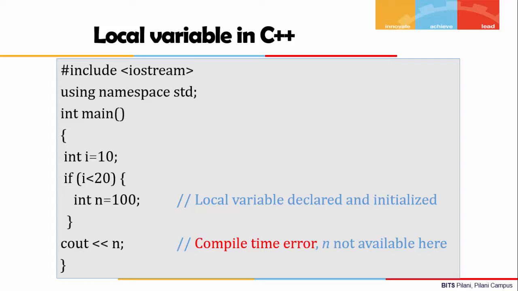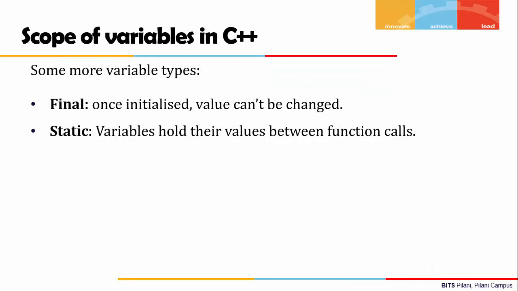Also there are some special types of keywords. One is final, which means once initialized, the value cannot be changed. Another is static. These variables hold their values between function calls.